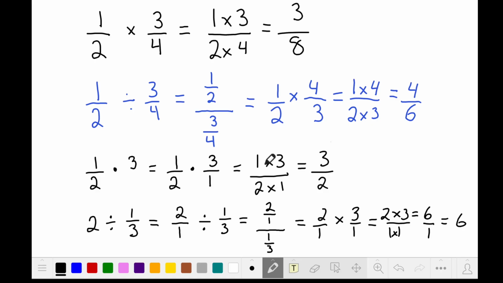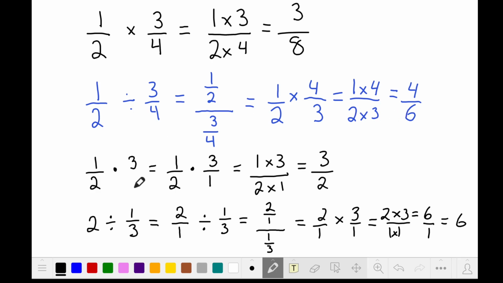So with these couple of examples, we can see that multiplication is the easiest thing to do because you literally just go straight across the top and straight across the bottom. Division is a little bit trickier because you have to rewrite the bottom fraction upside down, but then after that, it just turns into a straight multiplication across the top and a straight multiplication along the bottom.